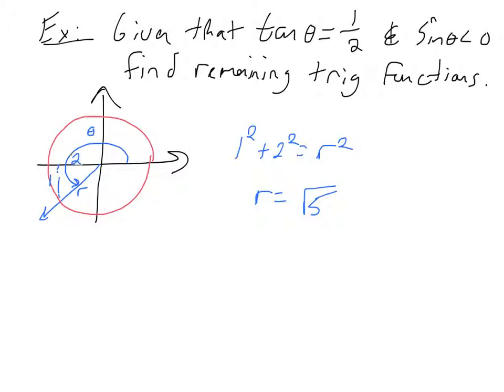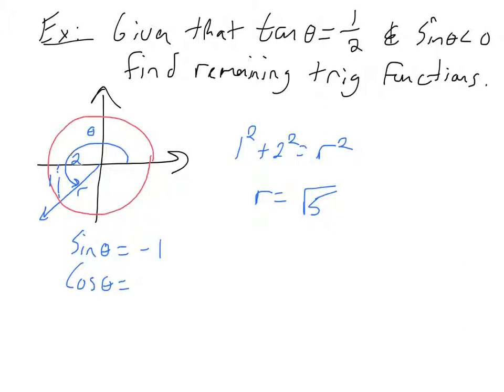So sine theta is going to be equal to, oh, and sorry, we're going to be in the, so they're both negative. So sine theta is going to be -1, which is the y coordinate, right? Cosine theta is going to be -2.